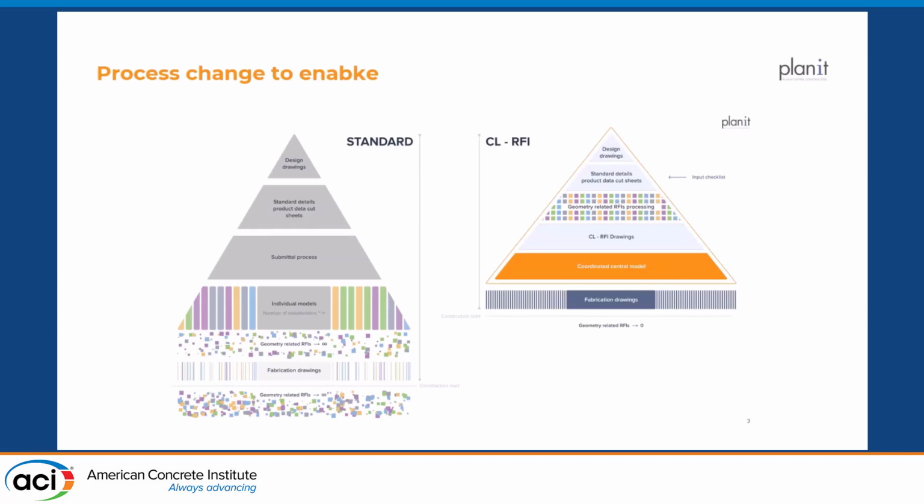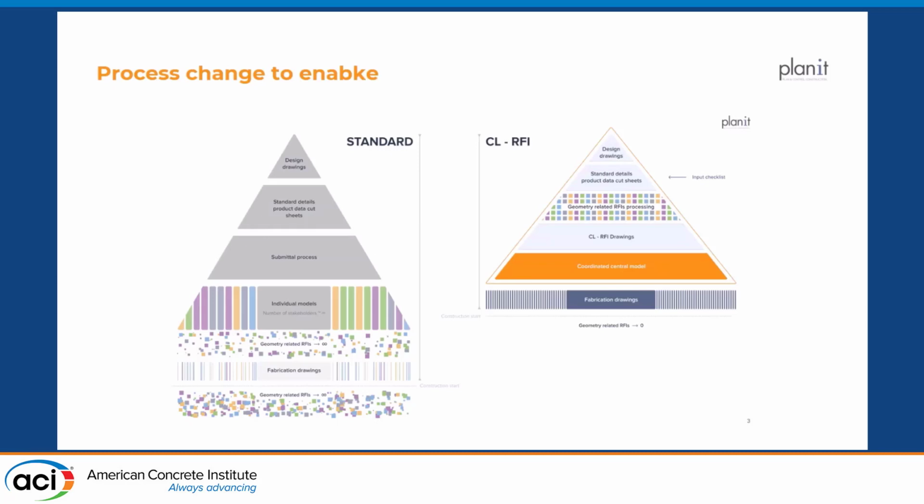I show this as confetti because RFIs are typically asked when one trade wants to create a drawing. So the concrete RFIs come first, then 6 months later we see the kitchen cabinet drawings, but they have an impact on each other, as we know. Then we make all these fabrication drawings, and then we go into the field and ask more RFIs. The question is, if we did all the BIM modeling, all these fabrication drawings and planning, why are we still asking RFIs when we're actually in the field?